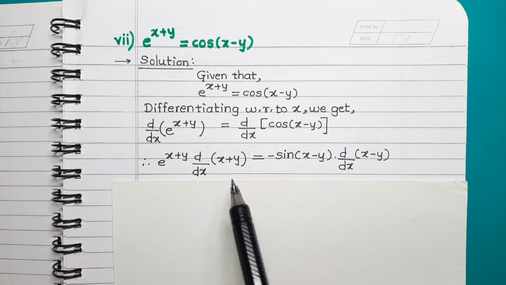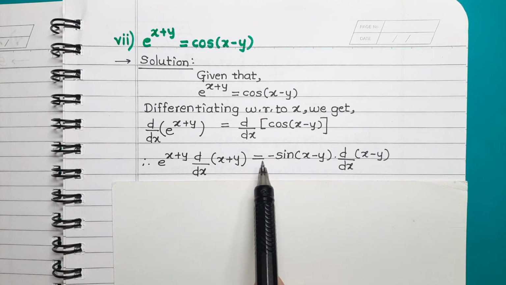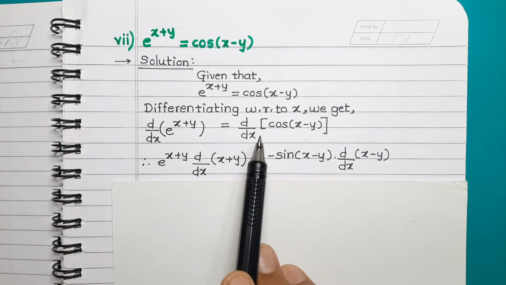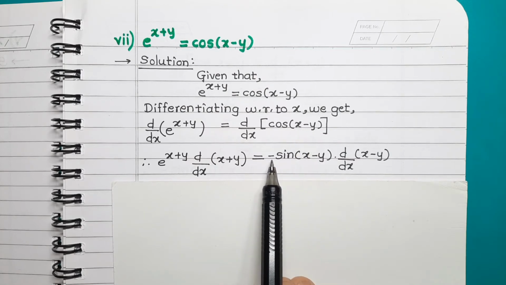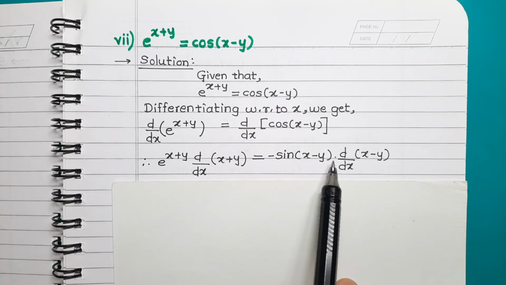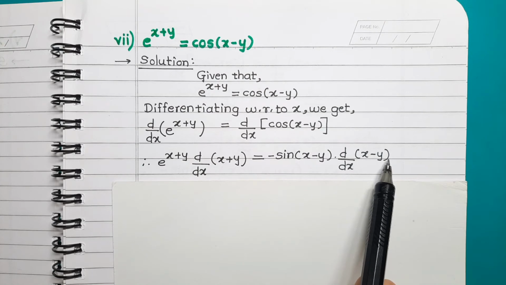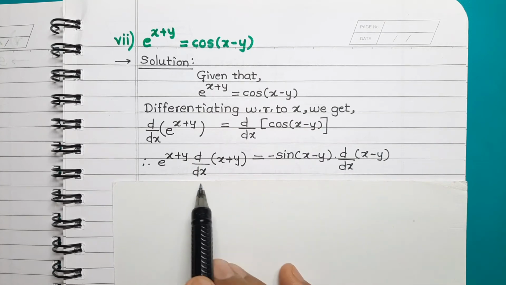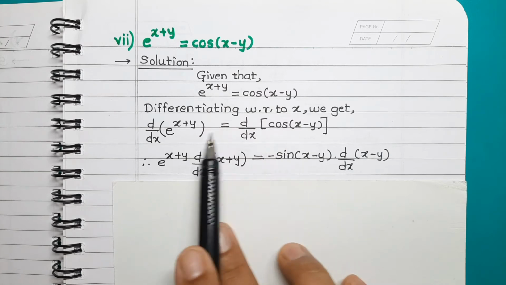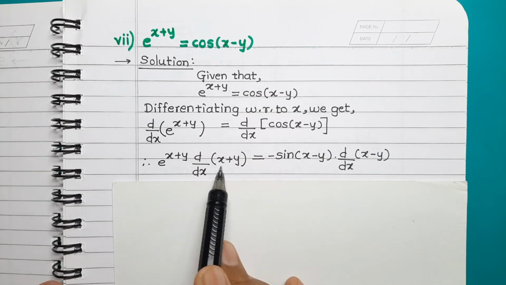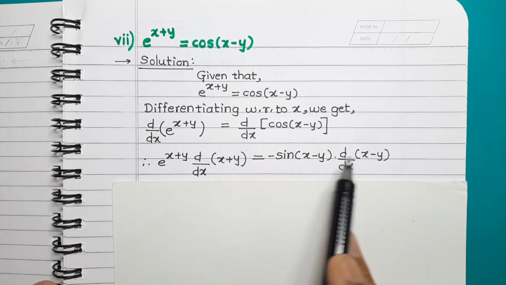We know that derivative of cos x is minus sine x. So here derivative of cos of something is minus sine of something into derivative of something. Okay, so here we have used chain rule to differentiate both these terms. Now let's find out derivative of these two terms.